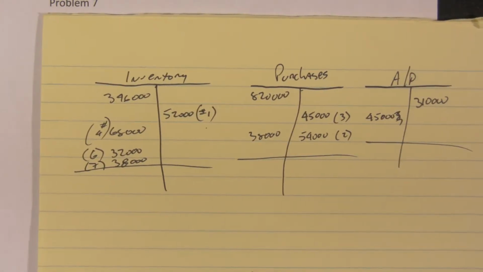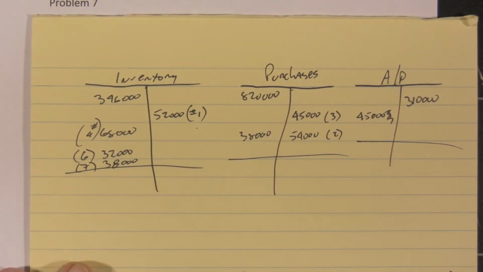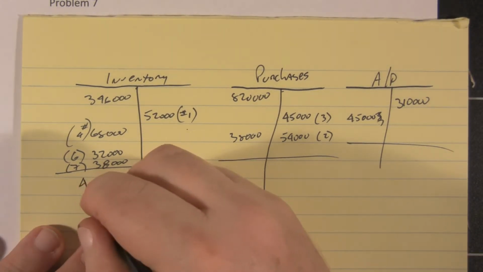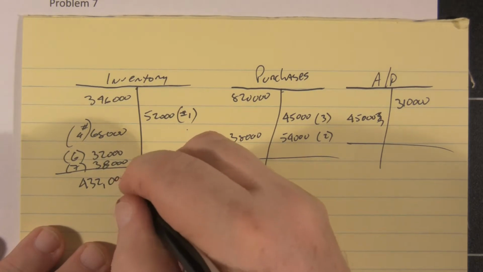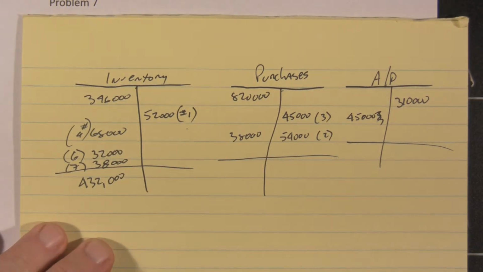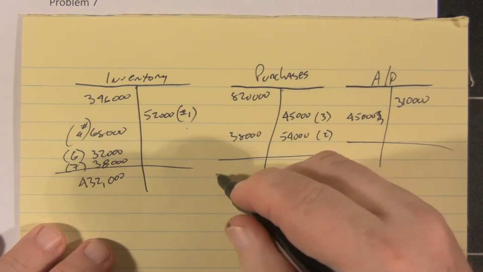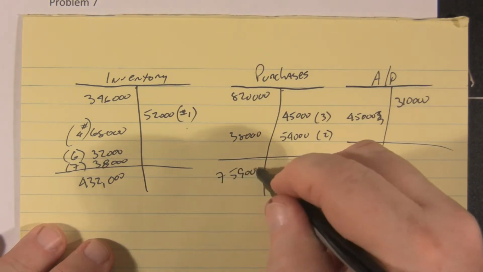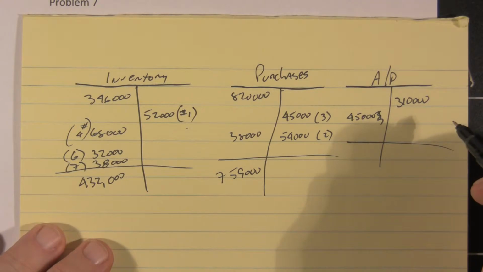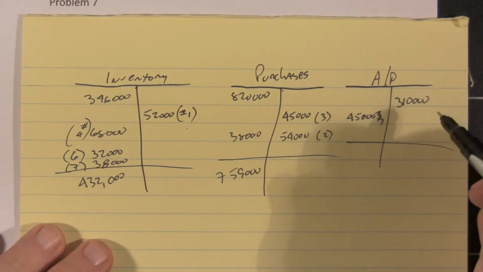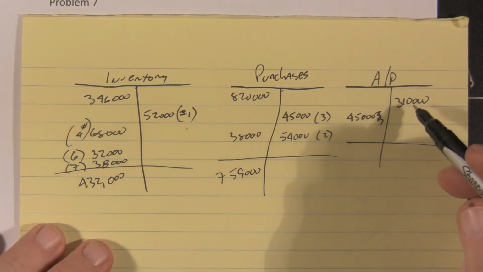We have to add that to the inventory. So when we add the inventory up, it comes to 432,000. The purchases, when we do that, it comes to 759,000. And our accounts payable is 310.